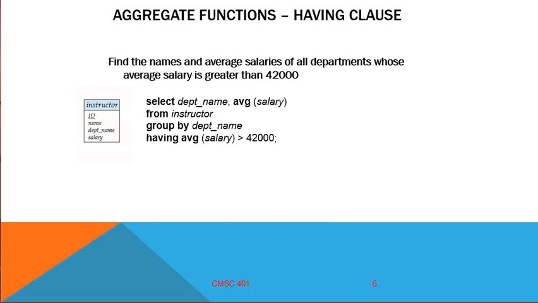And the answer is a query like this. Select department name and average salary, because that's what we want, the names and average salaries of all departments. So we want the department name and the average salary, and it's for instructors, because the instructor is where we have the salary information.